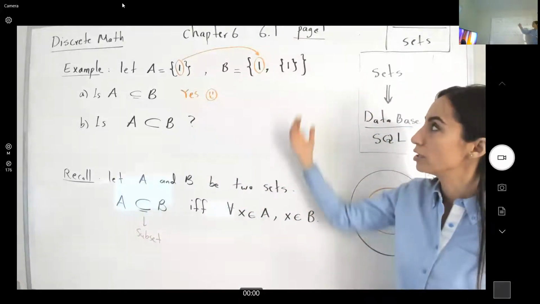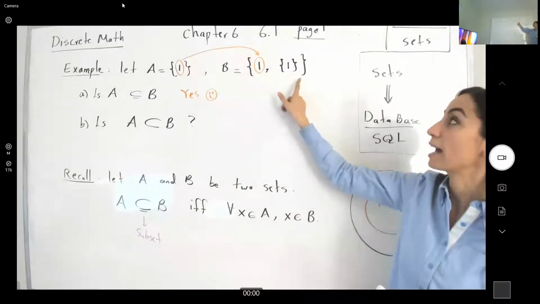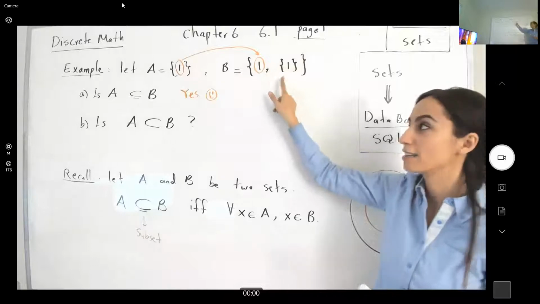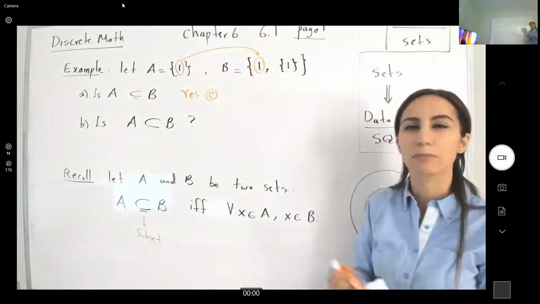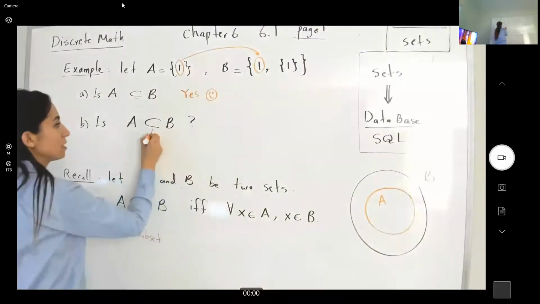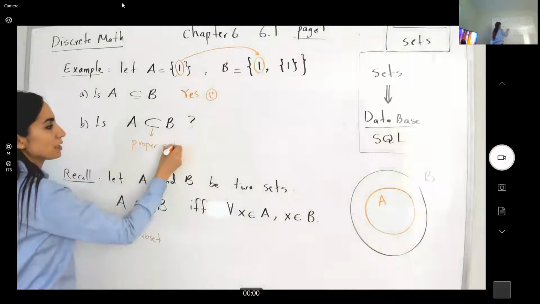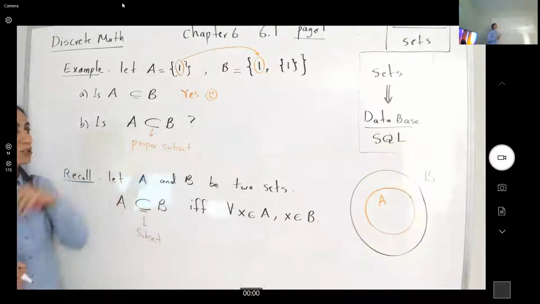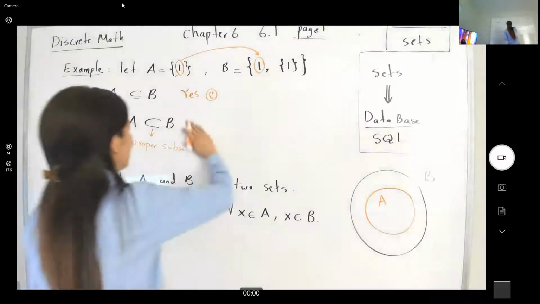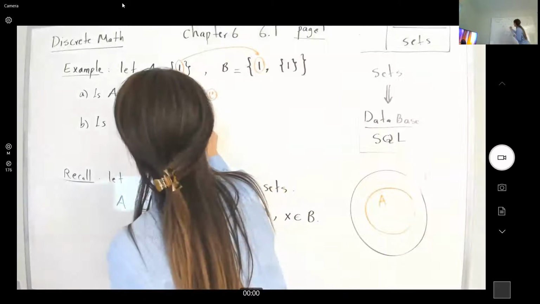In this case, since set B has another element that is not in set A, A is a proper subset of B. What's the meaning of that? It means that there is no way these two sets are equal to each other. So again, the answer here is yes as well.